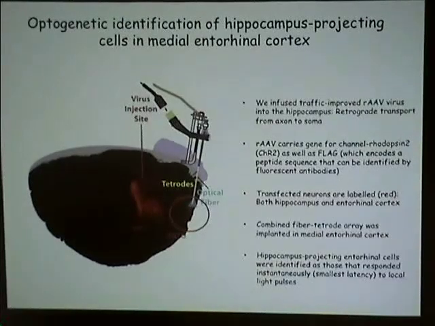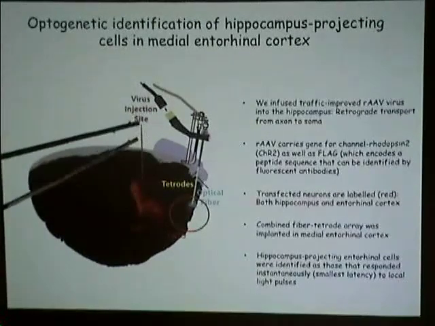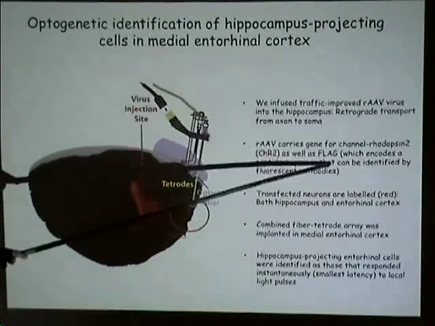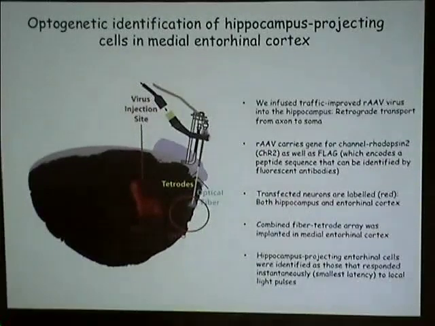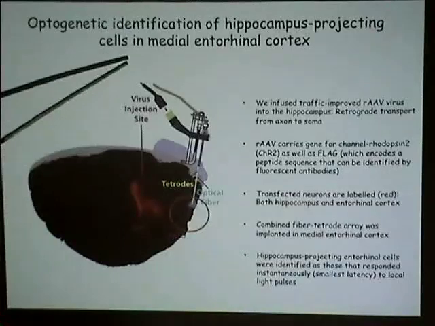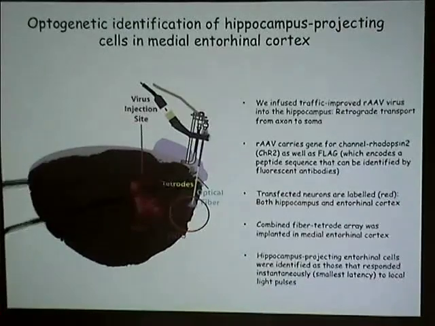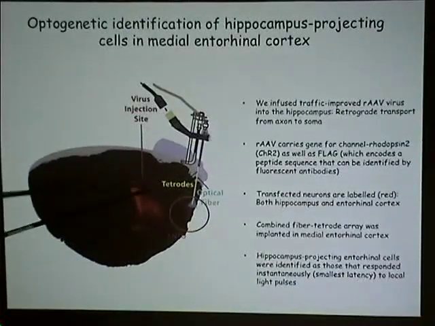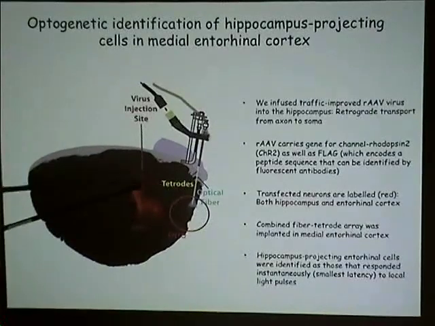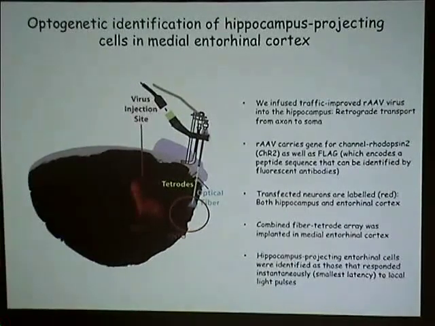So we could use those to inject the virus first with a flag tag, which allows the cells to be identified under a fluorescent microscope. So we inject those into the hippocampus. This is a rat brain, sagittal section. This is the hippocampus. And not surprisingly, cells in the hippocampus are labeled. But more interestingly, also cells in regions that project to the hippocampus are labeled.